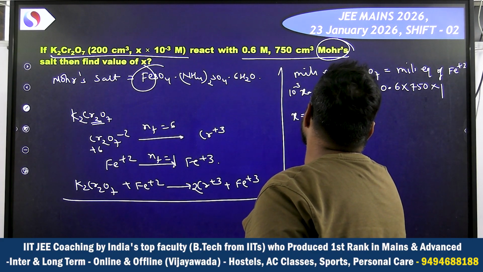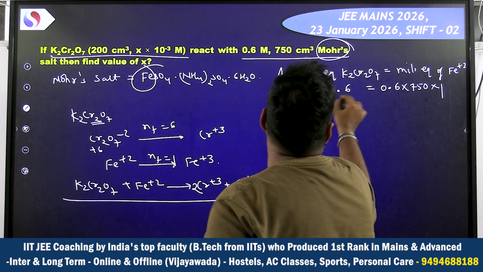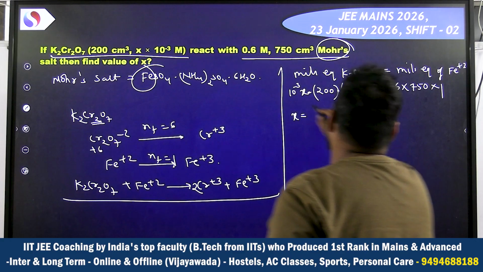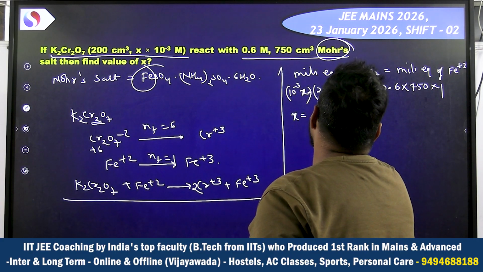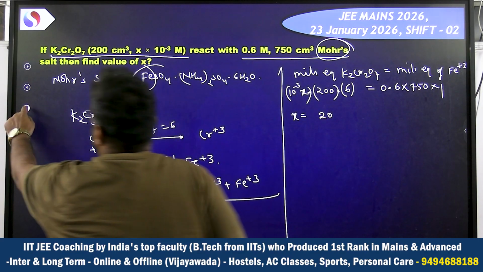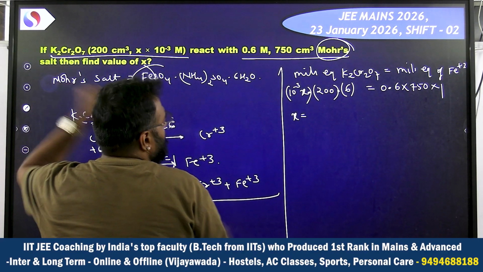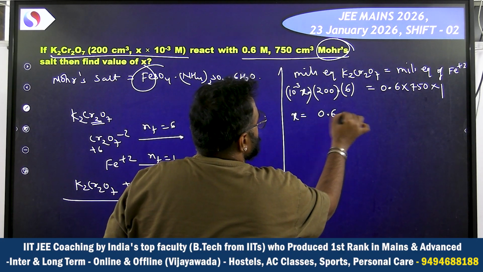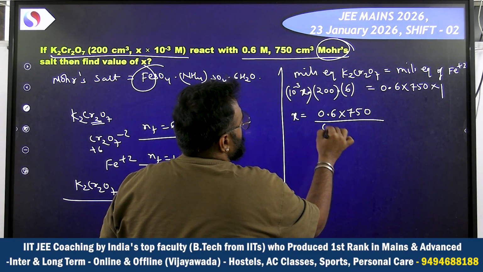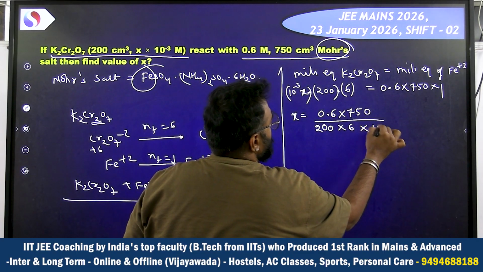So x is equal to, we can write like this, 0.6 into 750 upon 200 into 6 into 10 to the power minus 3.